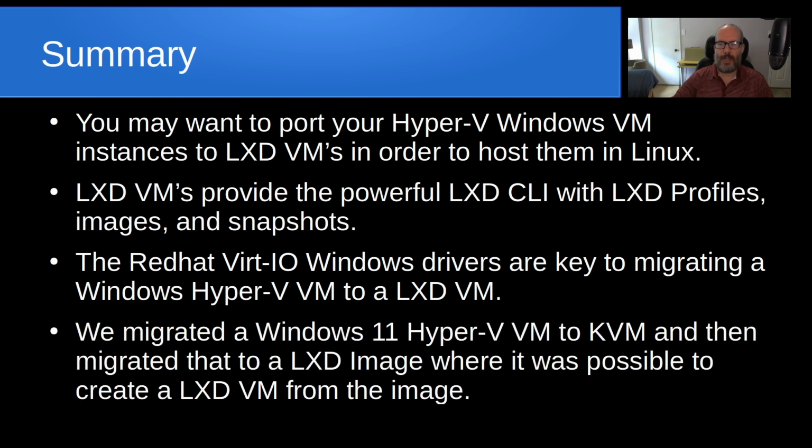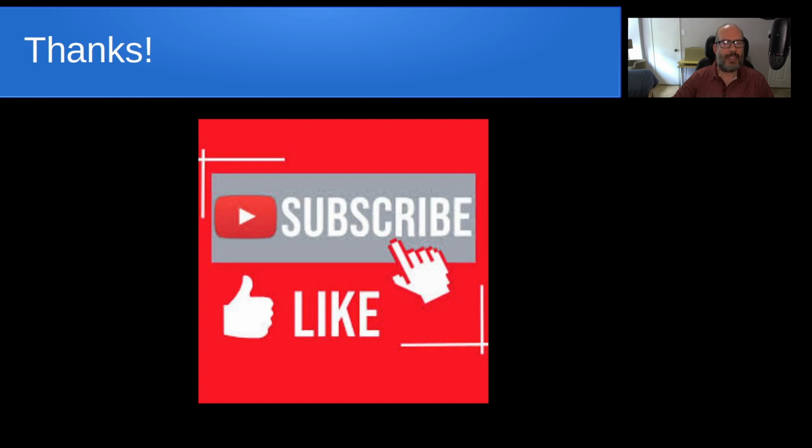We migrated a Windows 11 HyperV VM to KVM, and then we migrated that to an LXD image, where it was possible to create an LXD VM from that image, which looked like our original HyperV VM in every way.